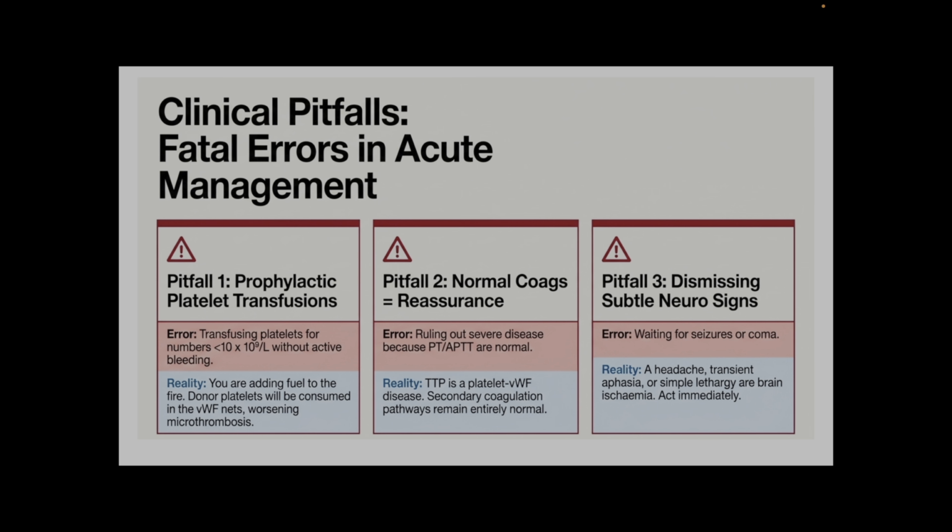Third, subtle neurological symptoms should not be dismissed. Headache, transient confusion, or other subtle neurological manifestations may represent cerebral microvascular ischemia. Therefore, we should avoid three dangerous assumptions. Low platelets do not automatically mean transfuse, normal coagulation does not exclude TTP, and subtle neurological symptoms do not mean mild disease.